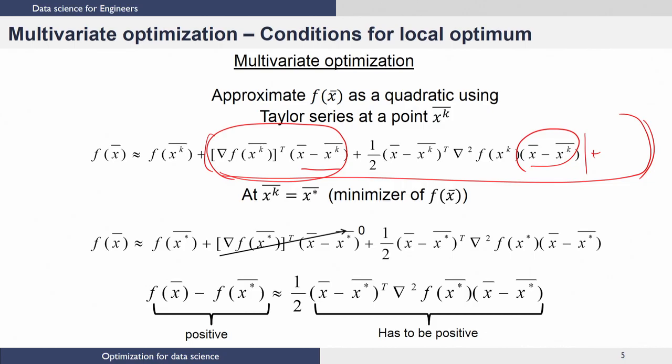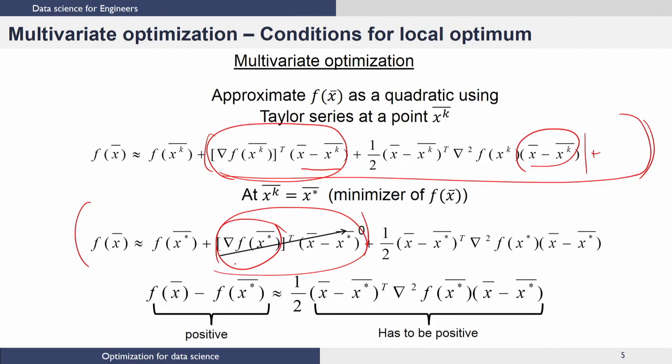That is the kind of logic that we are going to use again here. Much like before, if I keep making this small, I need to only look at this here, and much like the univariate case, if this does not go to 0, I can make this term either positive or negative.